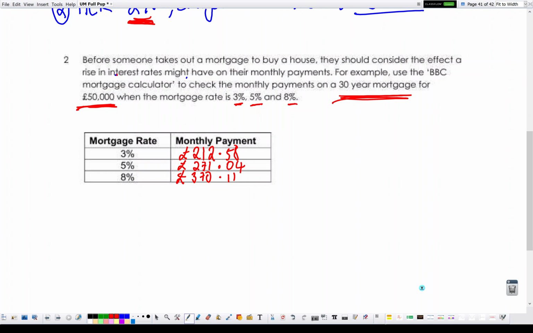I would encourage you to go out and ask any family members or older relatives who have dealt with mortgages in the last 30, 40 years. If you speak to anyone who bought houses in the 80s and 90s, at some points interest rates were up at 10 to 15%.